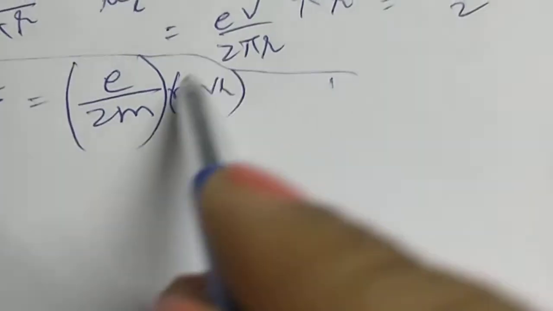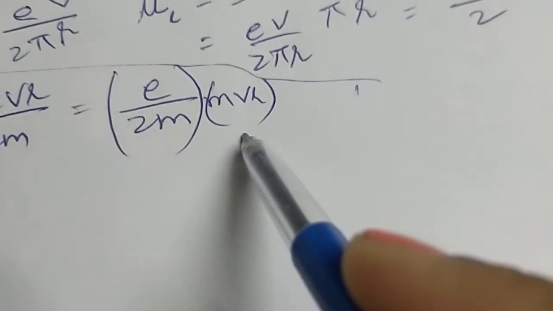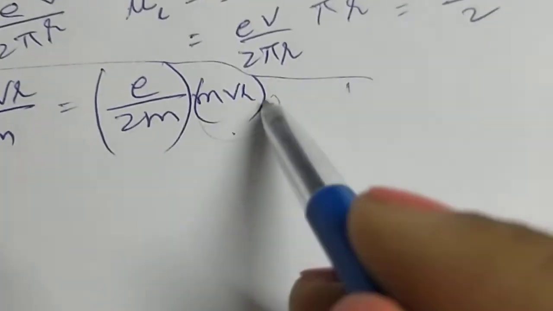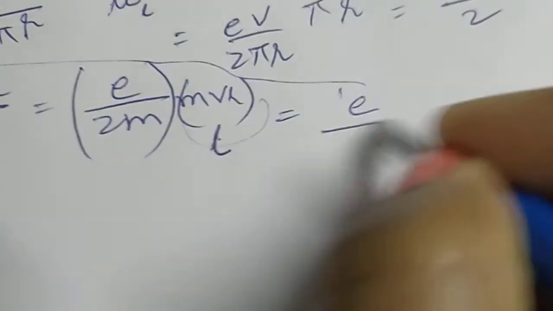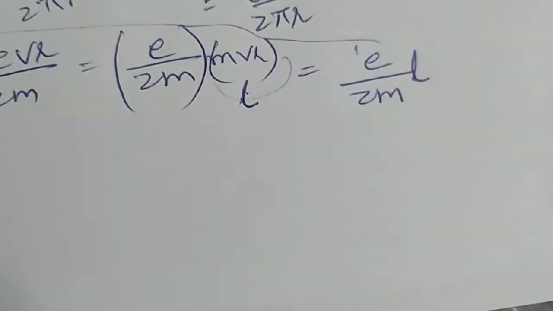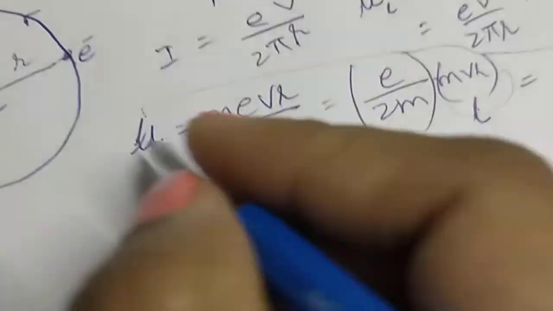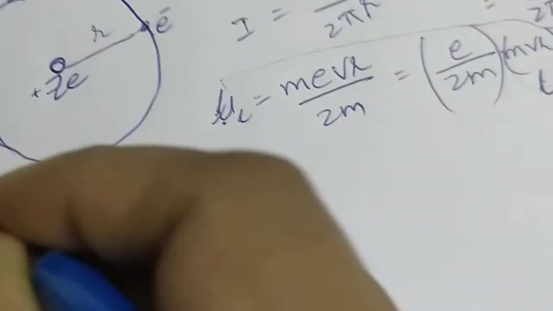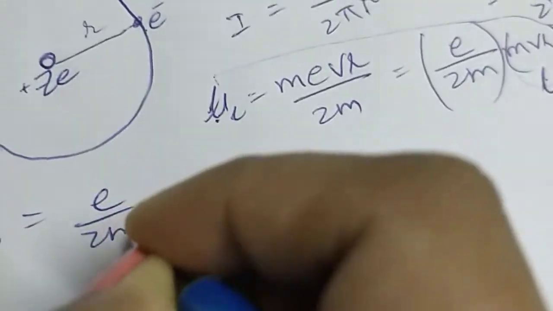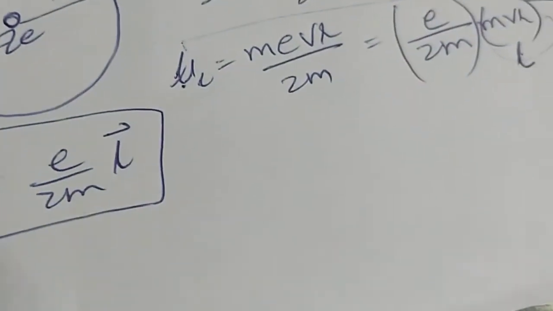Now you see this mvr is the angular momentum, L. I can replace this with L. So I get e upon 2m into L. L is angular momentum, so it's a vector quantity, and the magnetic moment is also a vector quantity. So mu L vector is equal to e upon 2m into L vector. This is the expression which we are getting.